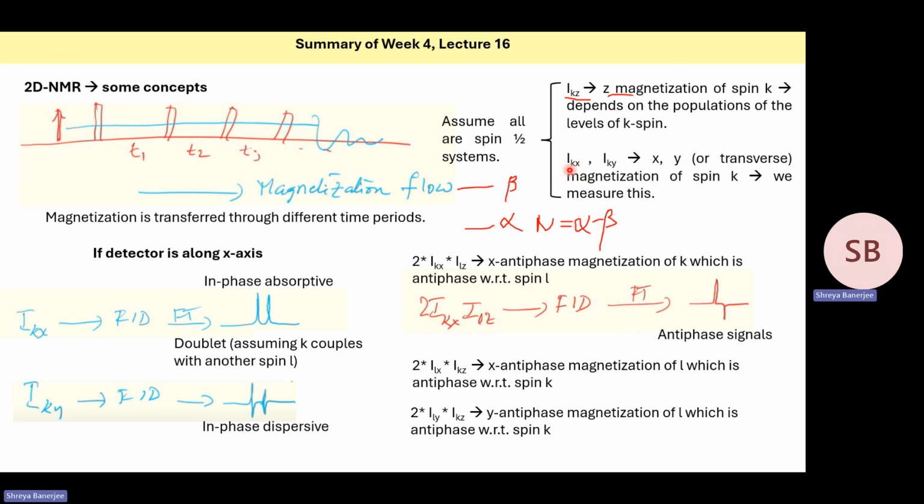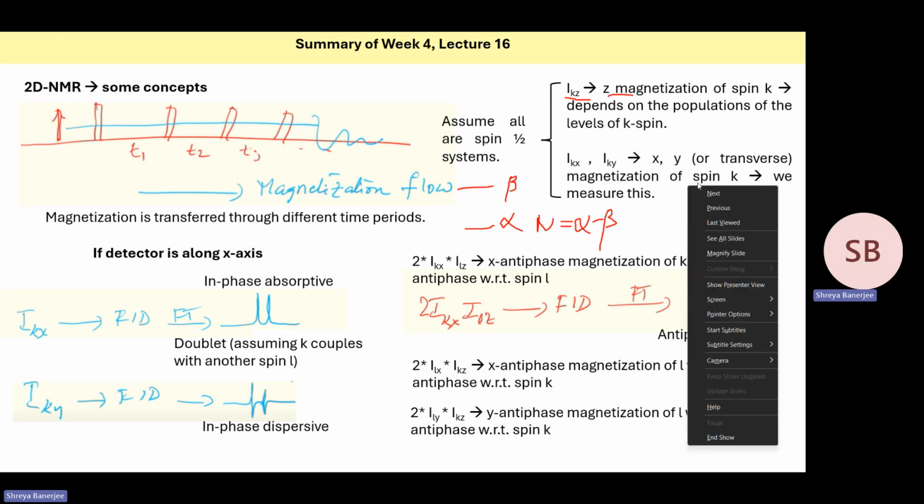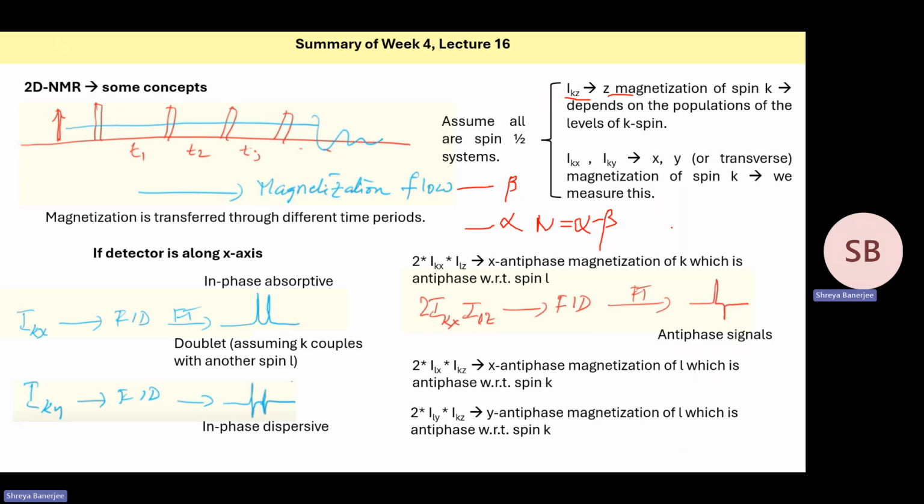Similarly, IKX or IKY are the X and Y magnetizations of spin K, which is basically the transverse magnetization. You know that magnetization is initially in the Z direction, and after a 90-degree pulse it comes in the X or Y direction, where there is a detector, and the detector measures the FID.